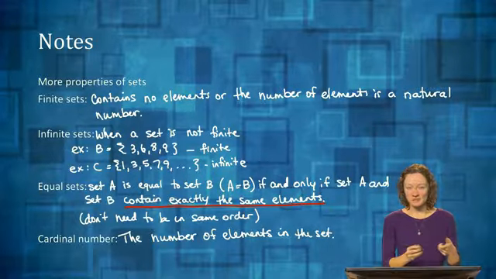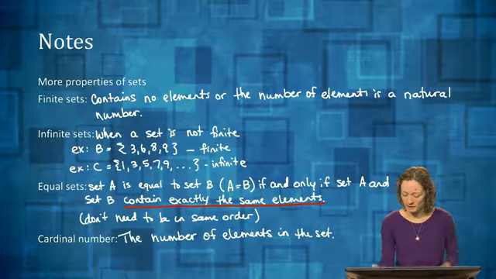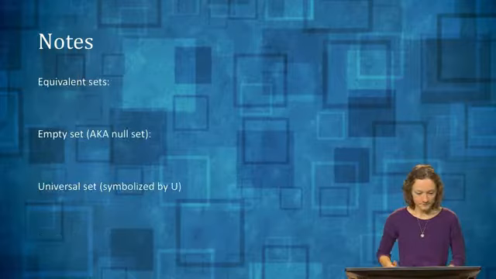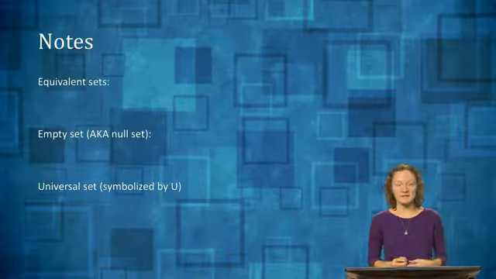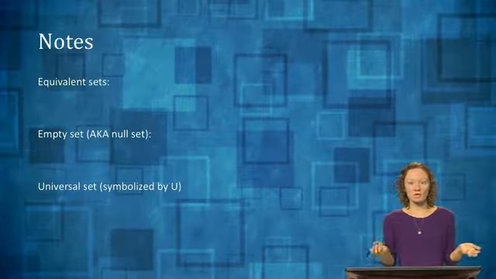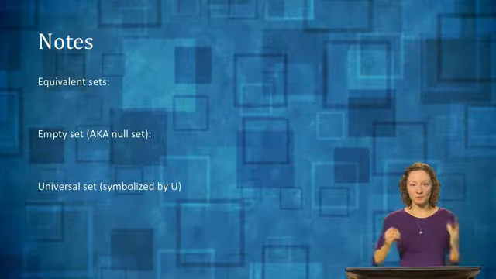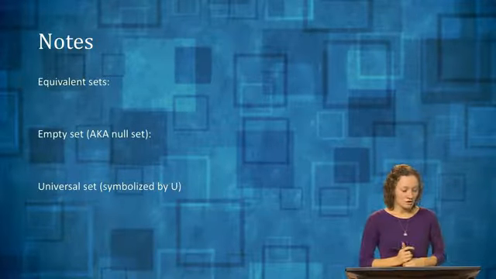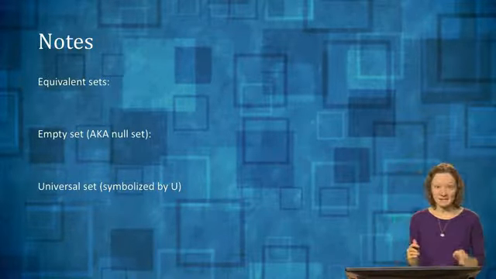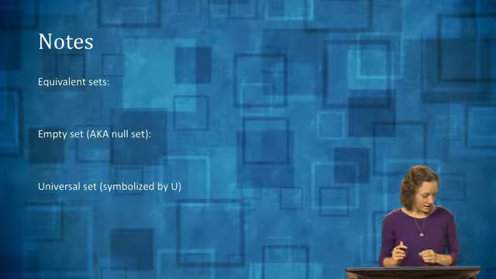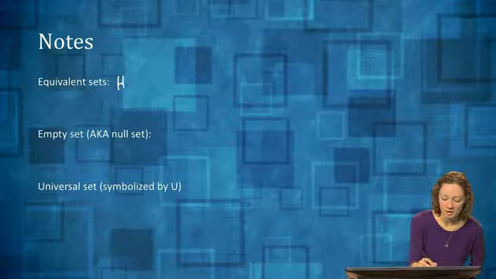All right, let's see a few more definitions. And we're going to compare something to equal sets, so keep this one in mind. The next one is equivalent sets. Typically, we use the words equal and equivalent to mean the same thing, but in the world of sets, they mean something different. So equal sets contain exactly the same elements. Equivalent sets have the same cardinal number.